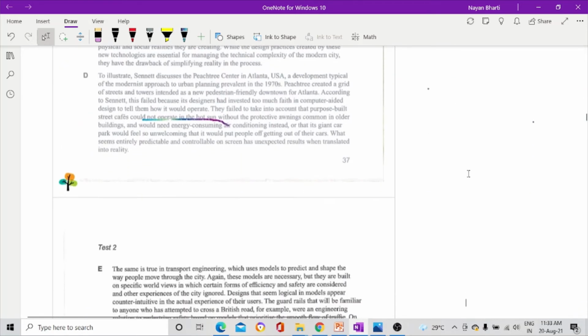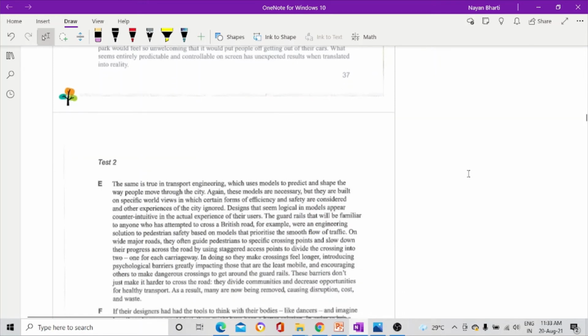Same is true in transport engineering, which uses models to predict and save where people move through the city. Again, these models are necessary, but they are built on a specific world view in which certain forms of efficiency and safety are considered, and other experiences of the city ignored. Designs that seem logical in the model appear counter.